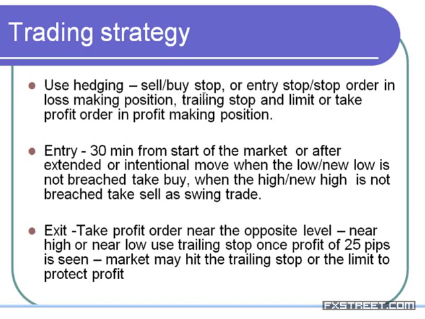So we use the hedging order when the position is making loss, and we use the stop at the entry and the trailing stop when the position starts making profit. First of all, we demarcated that the hedging order is used when the position is making loss.